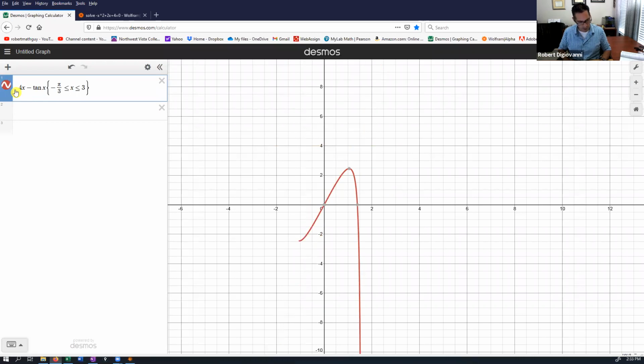No, negative pi over 2. Well, I'm trying to come up with a good interval here. There we go. Negative pi over 4 to pi over 2.